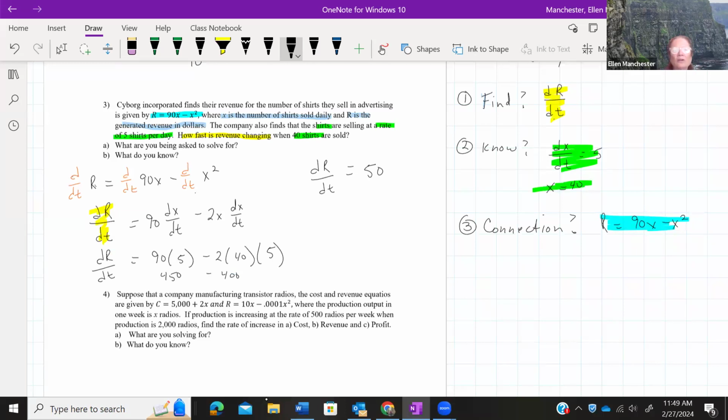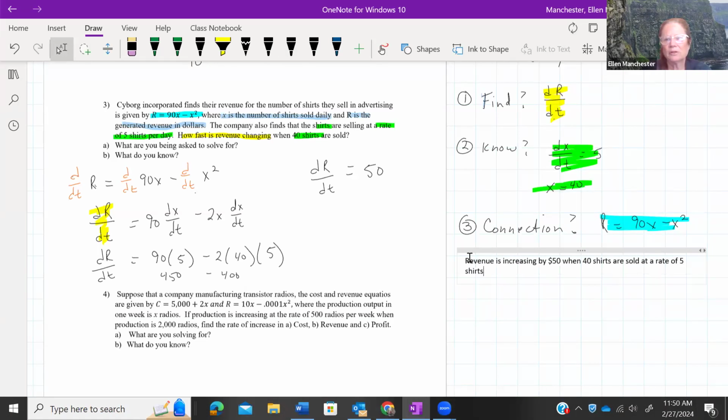Okay, so here is where doing the math is great. I think it's awesome. You did the math, yay. Now you need to interpret it. So here's your interpretation. Revenue is increasing by $50 when 40 shirts are sold at a rate of 5 shirts per day.